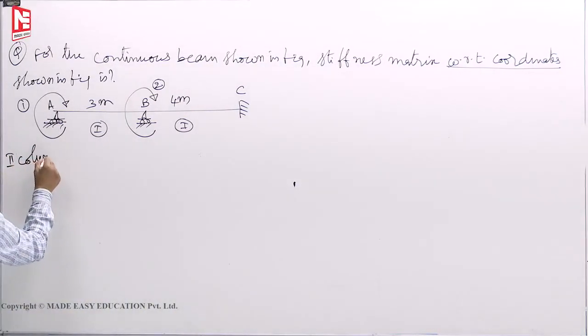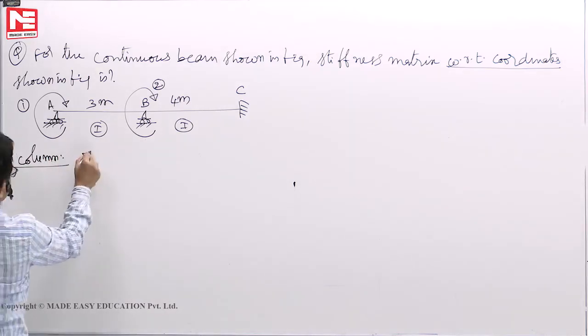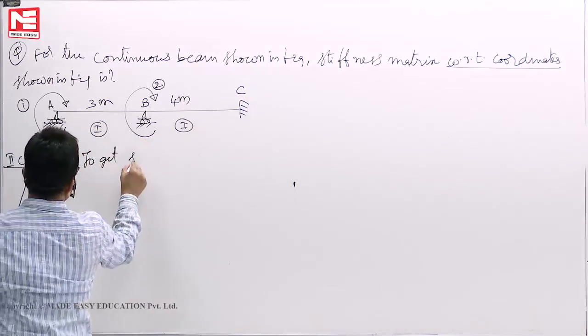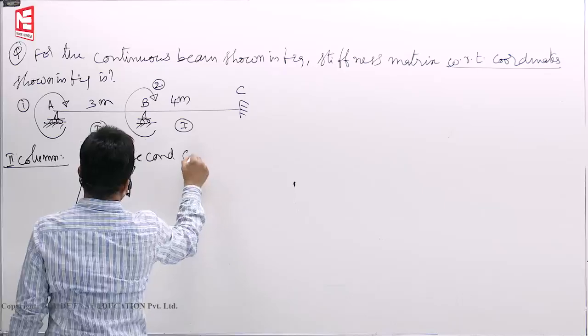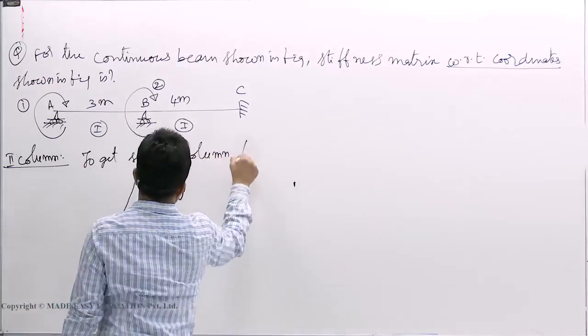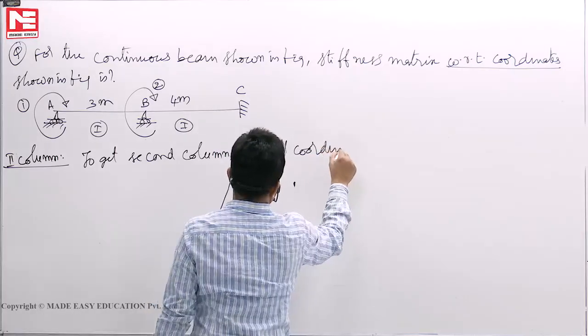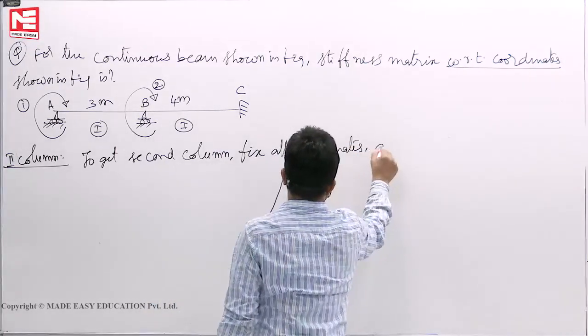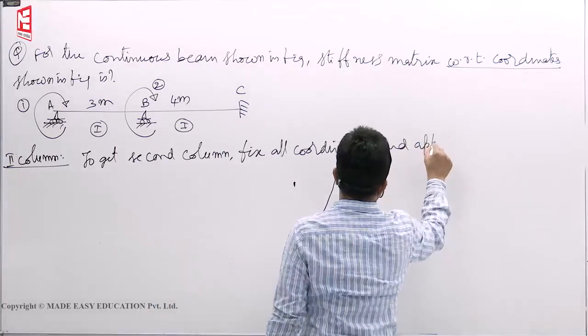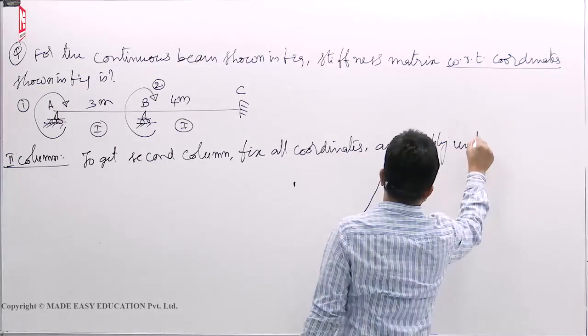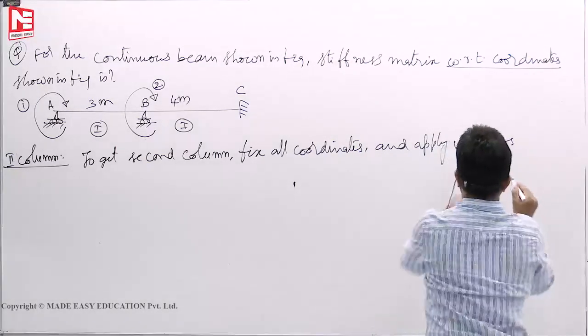To get the second column, again you have to fix all coordinates and apply unit displacement.